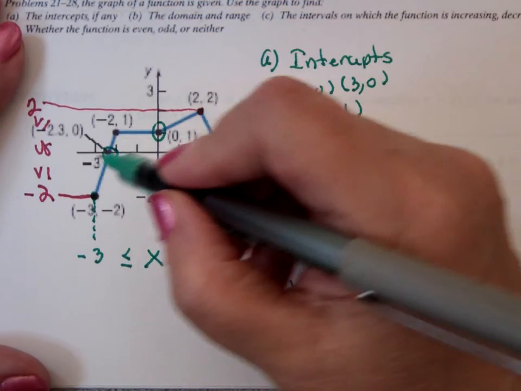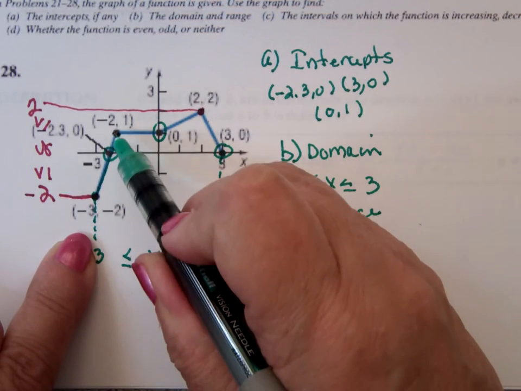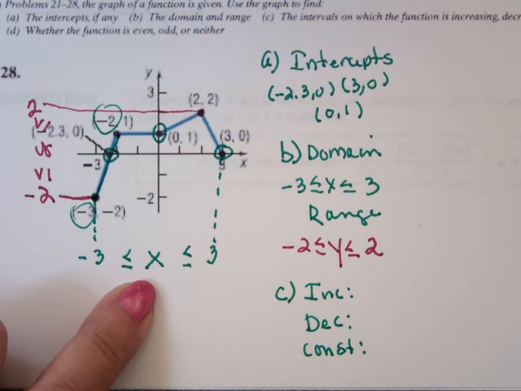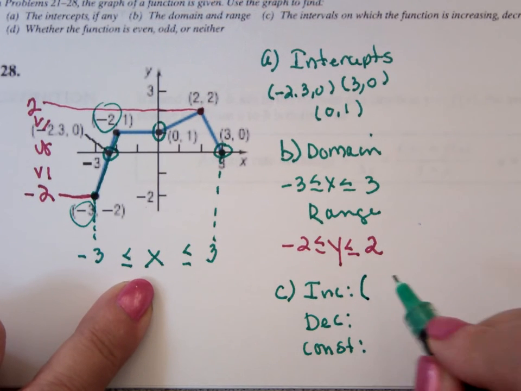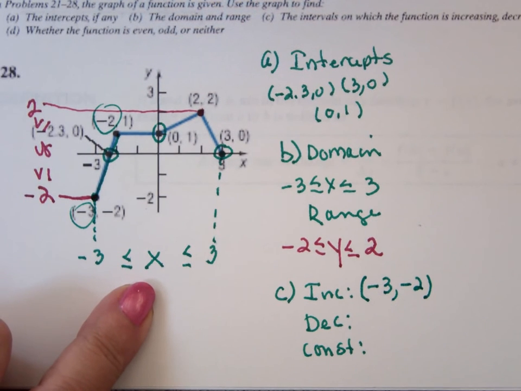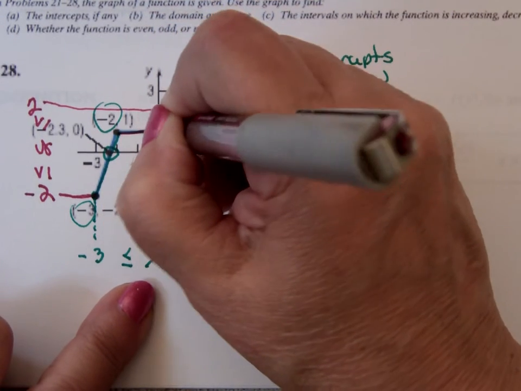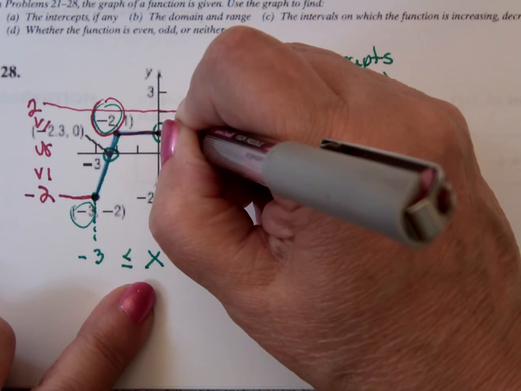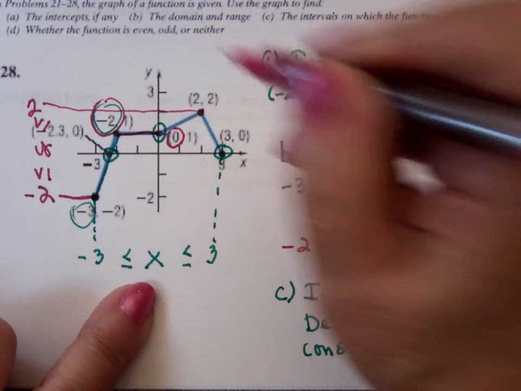So you write it in x's. It says I'm going up when x is between negative 3 and negative 2. So up means increasing. And remember, it's going to be an open interval, negative 3, negative 2. Always in number line order. Then this flattens out, and if it flattens out, it's constant. So it starts at negative 2 and remains flat until x equals 0, right?